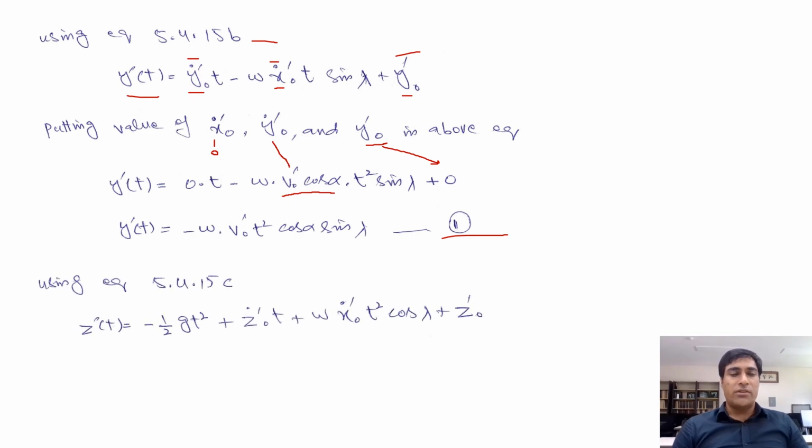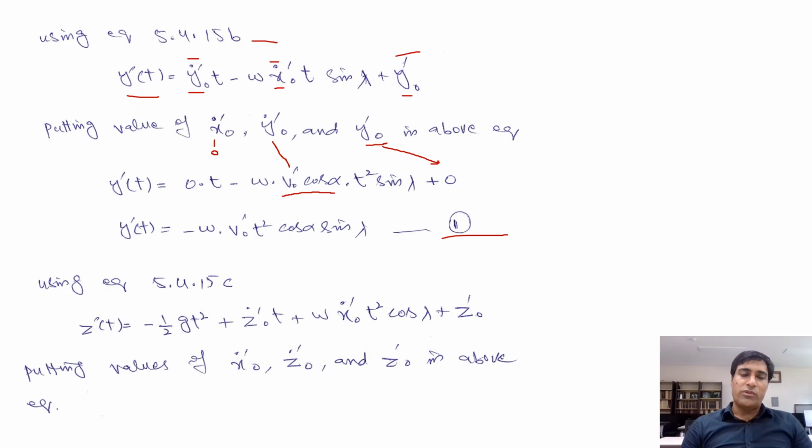Now using equation 5.4.15c, z dash t equals minus 1 over 2 g t square plus z dot dash t plus omega x dot dash t square cos lambda plus z dash.